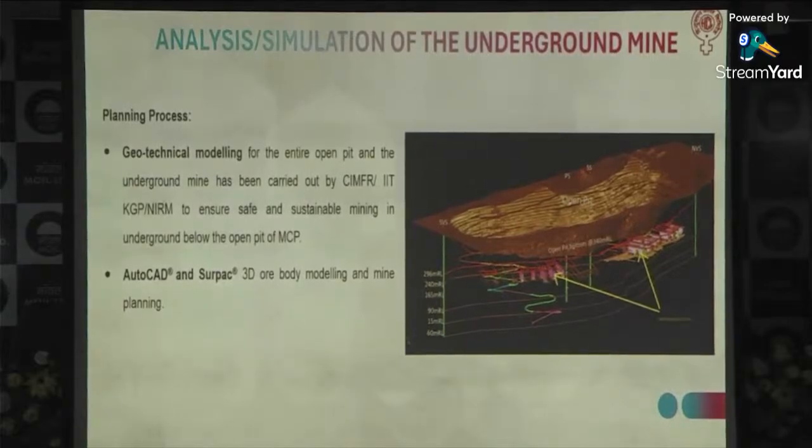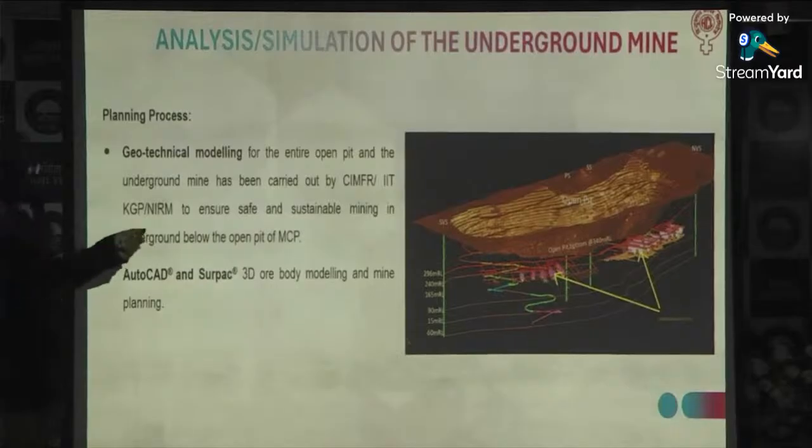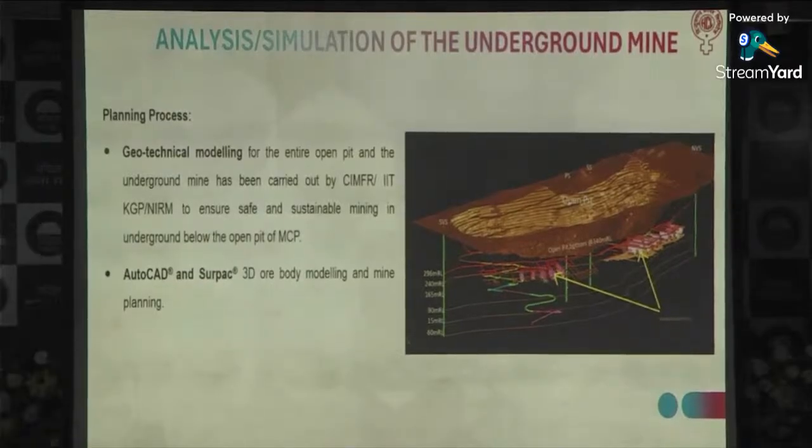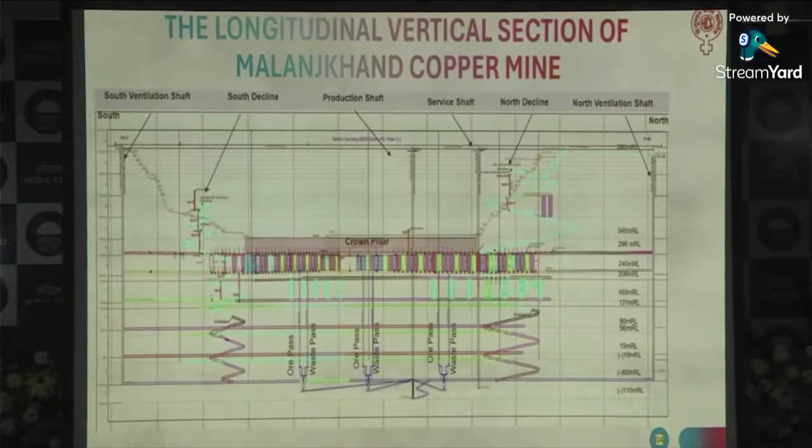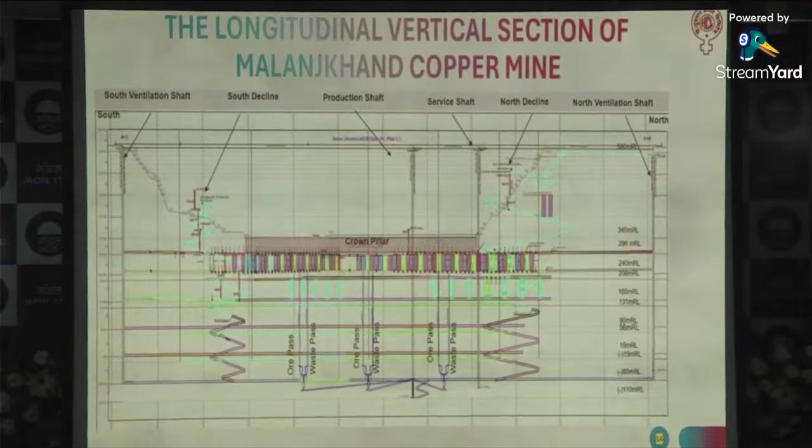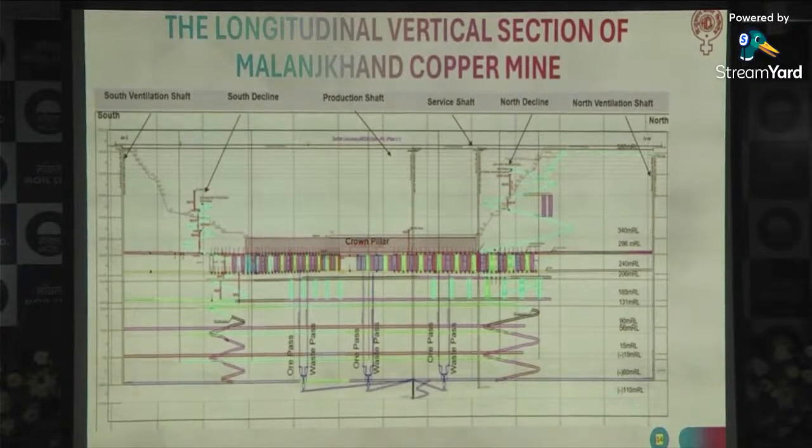In the opencast era we used to use the AutoCAD software for planning. Now we have introduced Surpac for underground, and all the planning right now is done through Surpac. This is the LV section of the entire mine. What you see here is the outline of the open cast mine. This is the bottom of the open cast mine, 340 MRL.